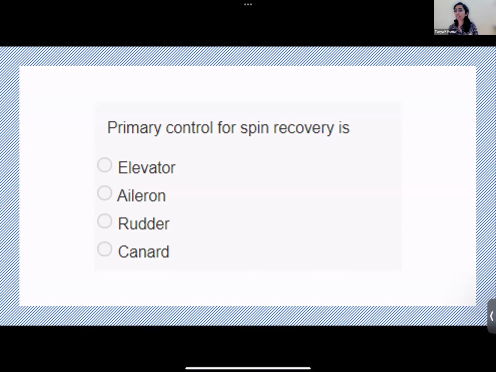Before all of that, what is spin? Can someone try to tell me what spin is?